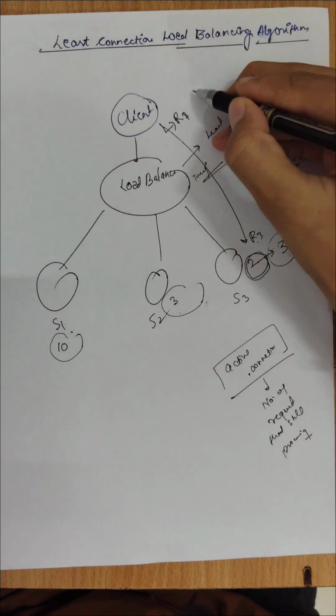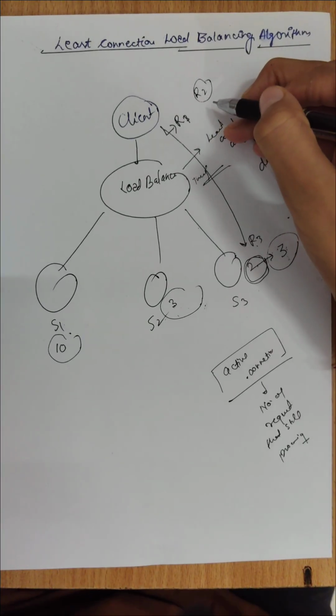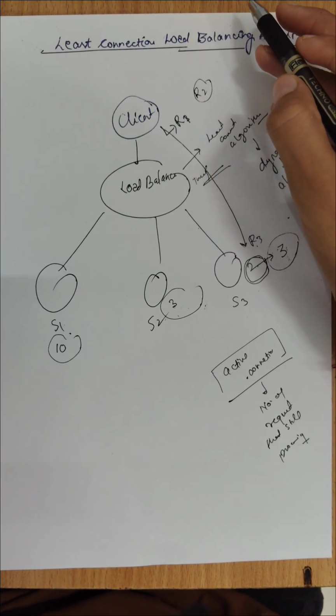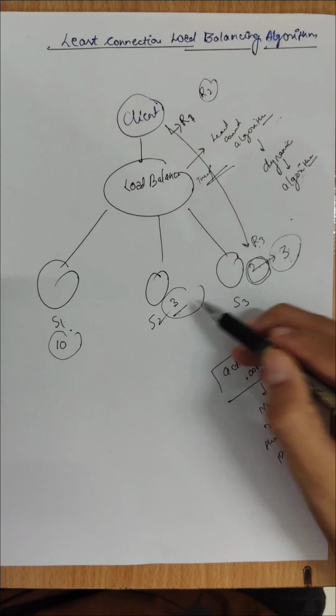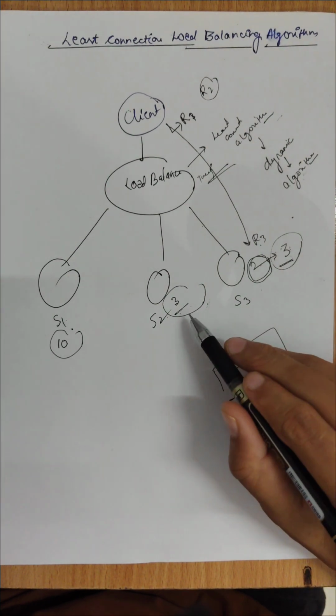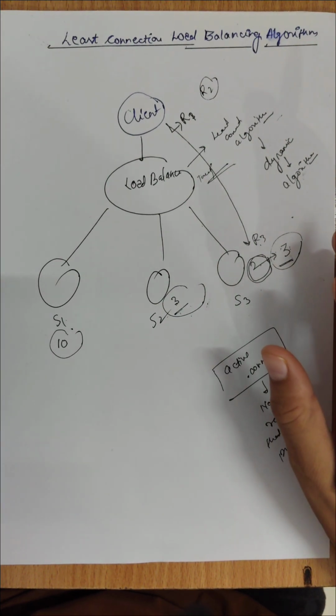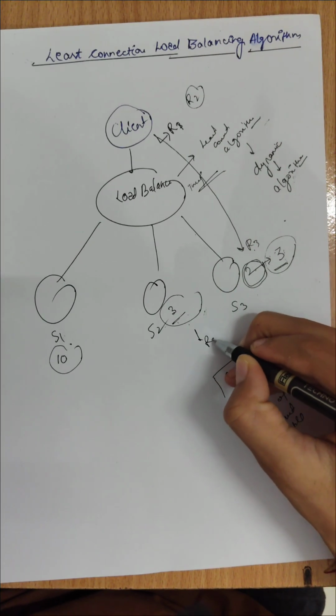Now let's say a request R2 came. On which server will this request pass on? It will depend, because now the number of requests is similar. There is no server which has fewer requests. So in that case, when we have the same number of active connections on each server, then we use the round robin technique.